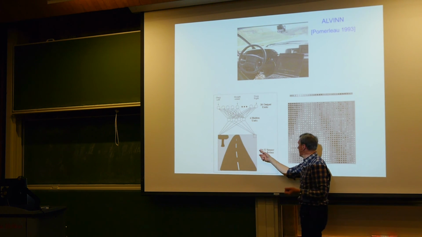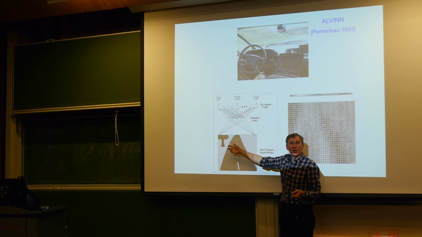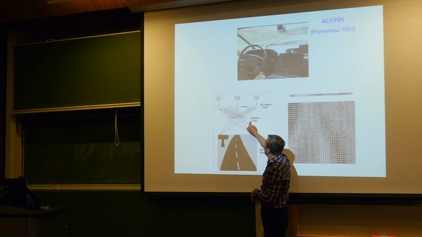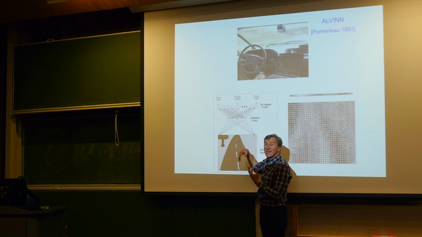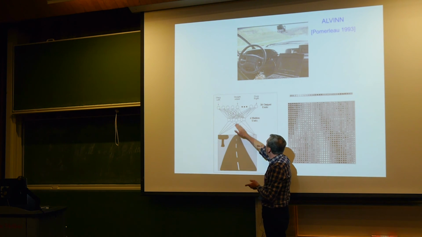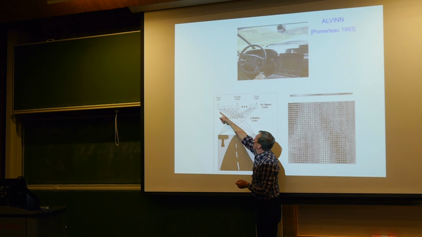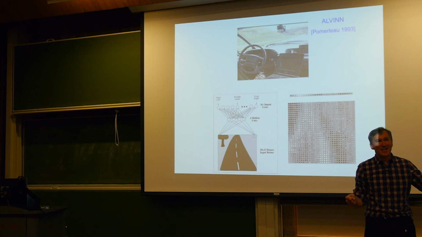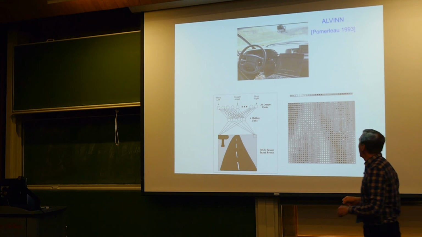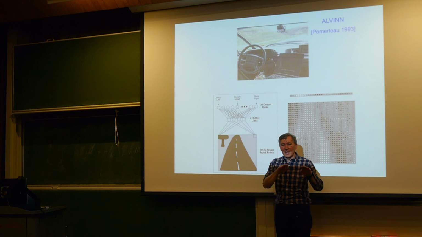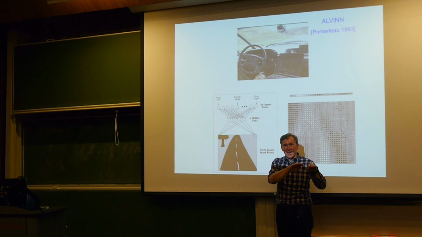So it had 30 times 32 inputs, a small number of hidden units. People call these hidden because they're not observed values, they're calculated. Only 4 hidden units. And then he encoded as output the direction that the car should steer. And again, he has a vector output with 30 units, but the way he encoded it was with a kind of thermometer.